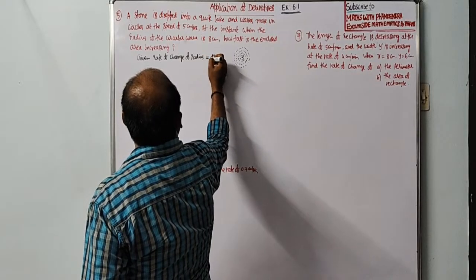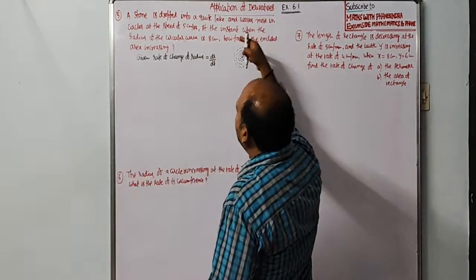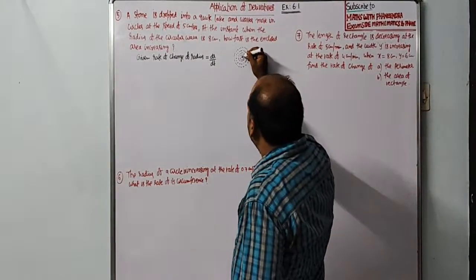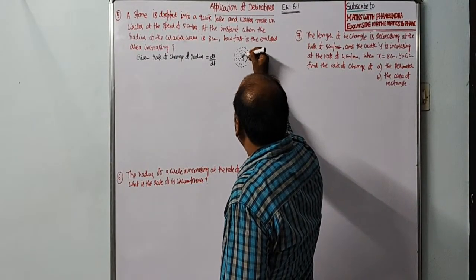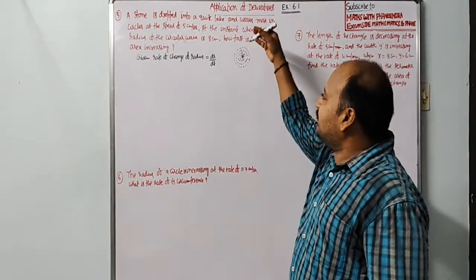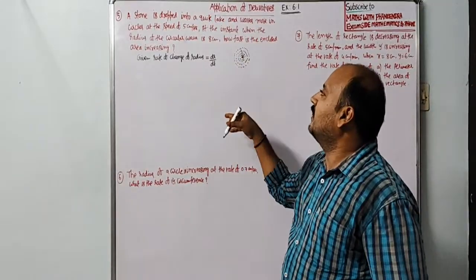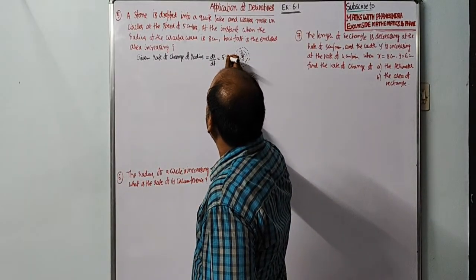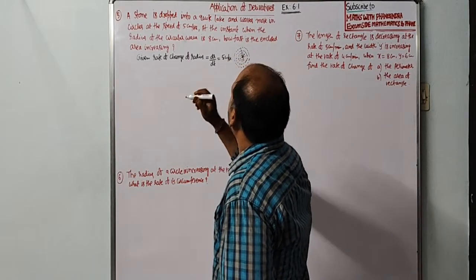Sir, how can you know that this is radius? The speed of circular waves means it depends on radius only. The speed of the radius means it is the rate of change of radius. dr by dt is given as 5 centimeter per second.